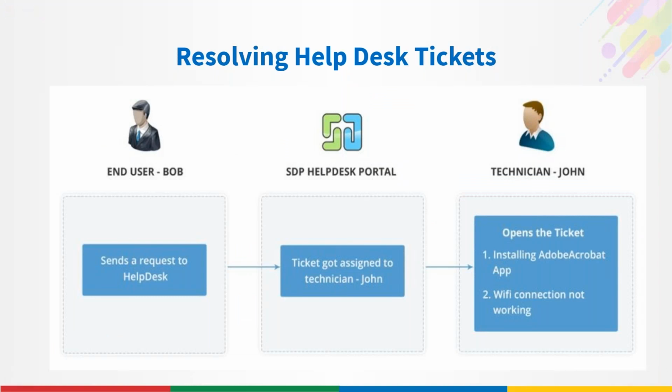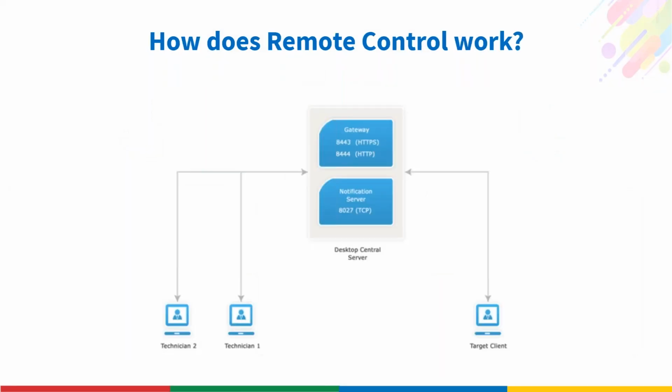All right. So now we have discussed the practical workflow of the remote control tool. Now we will also see how it works in the background. So here's the architecture diagram of how remote control is going to work. First, this is the Desktop Central server.